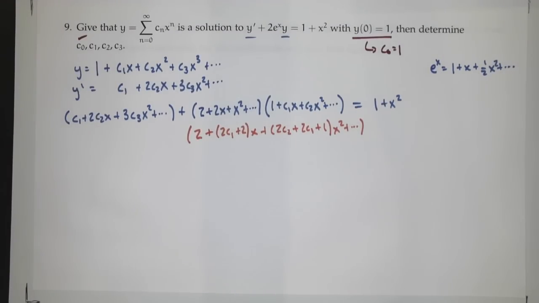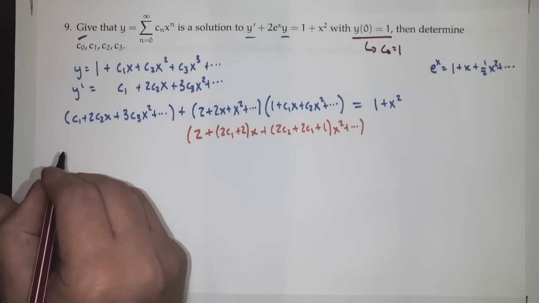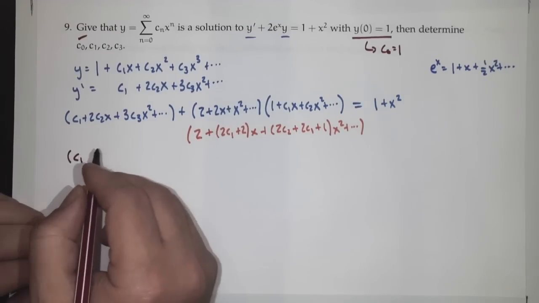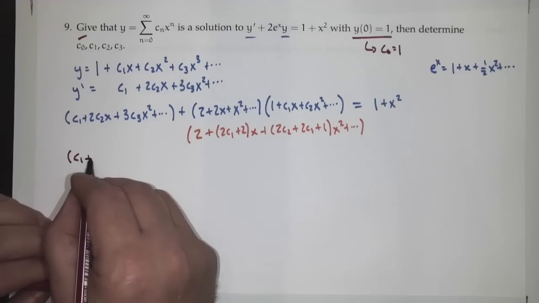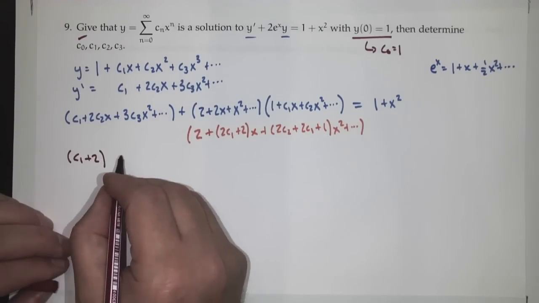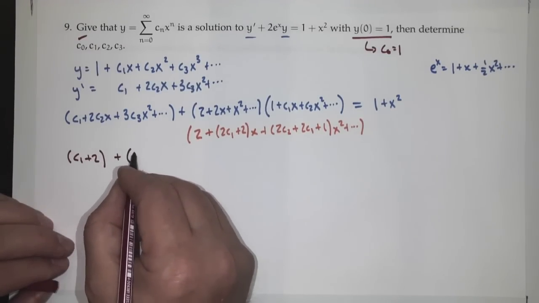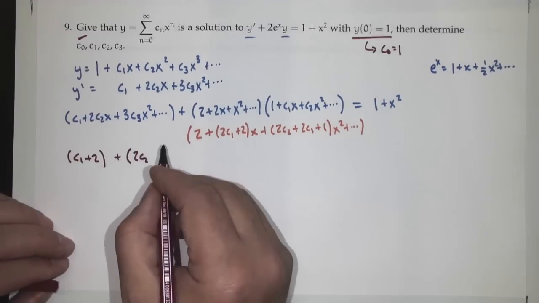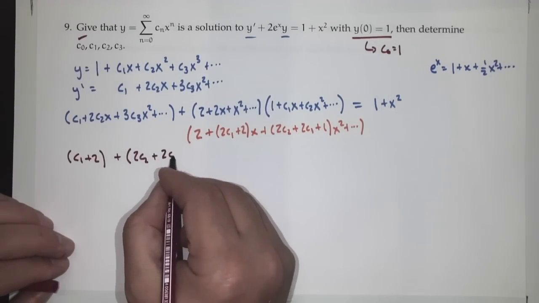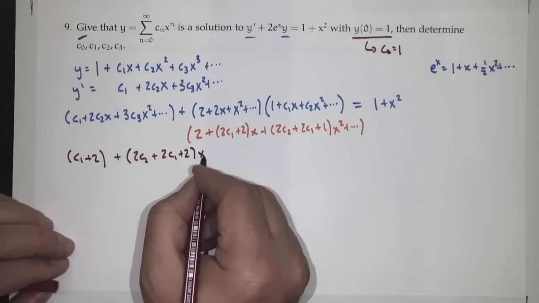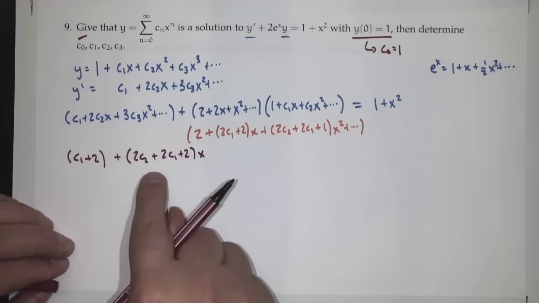Now, put it all together. On the left-hand side, we have our constants, c1 plus 2. Our coefficient for x, 2c2 plus 2c1 plus 2.